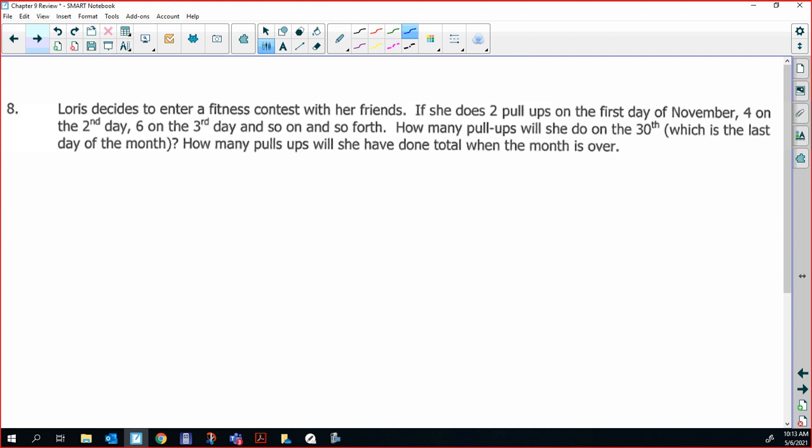If she does 2 pull-ups on the first day of November, 4 on the second day, 6 on the third day, we've got our little sequence building up: 2, then 4, then 6. Is it adding or multiplying each time? Adding. How much? 2. So we're adding 2 each time, which means arithmetic.